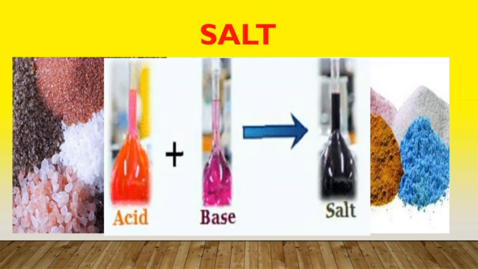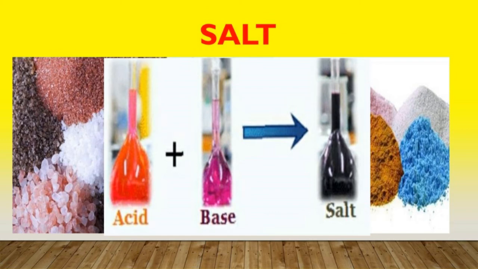The next one, we are going to study about salts. When you say salt, you may think of common salt. But seawater contains many salts, for example, sodium chloride, which can be separated from the other salts.